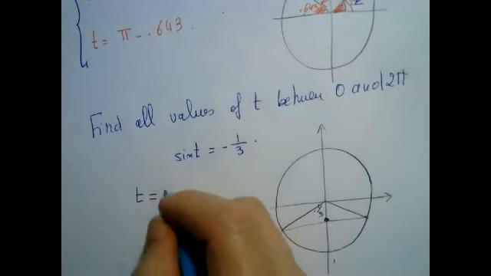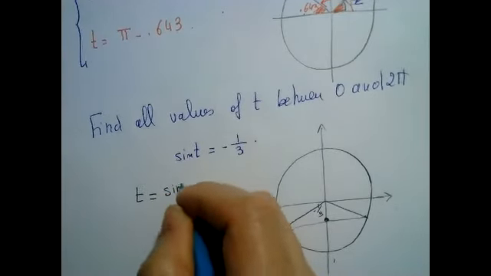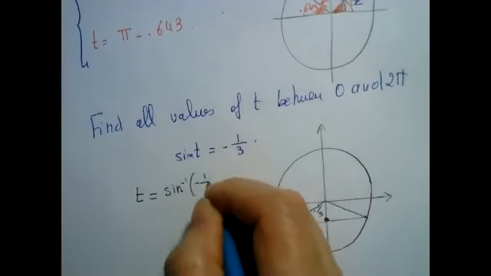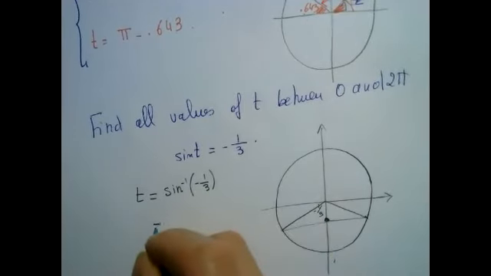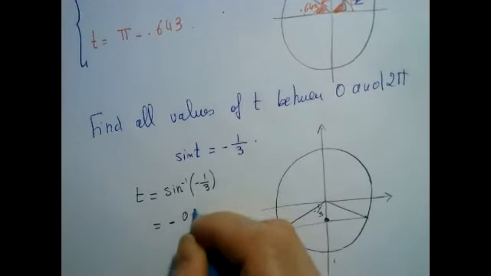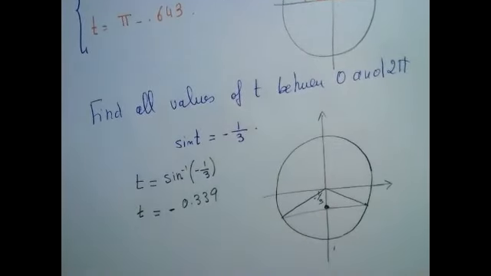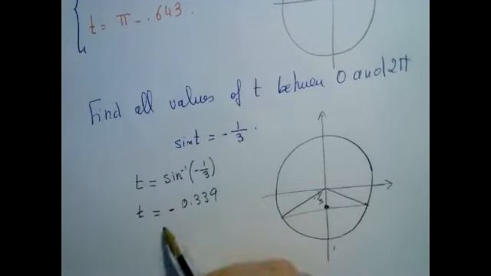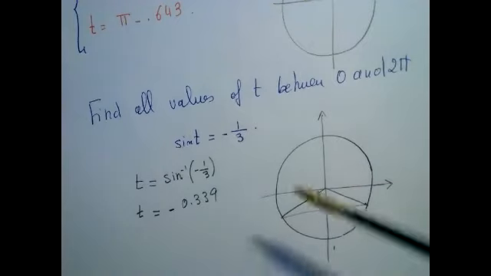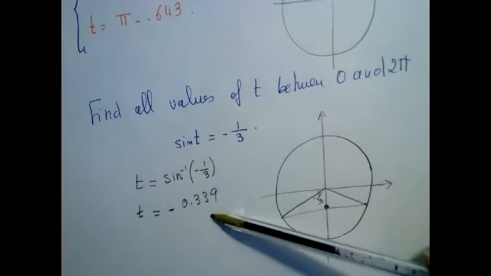Okay. Sine inverse of -1/3. It means -0.339. Did anybody get anything like that? So in my picture, where is the -0.339? Now, let me give you an idea. This is in radian.